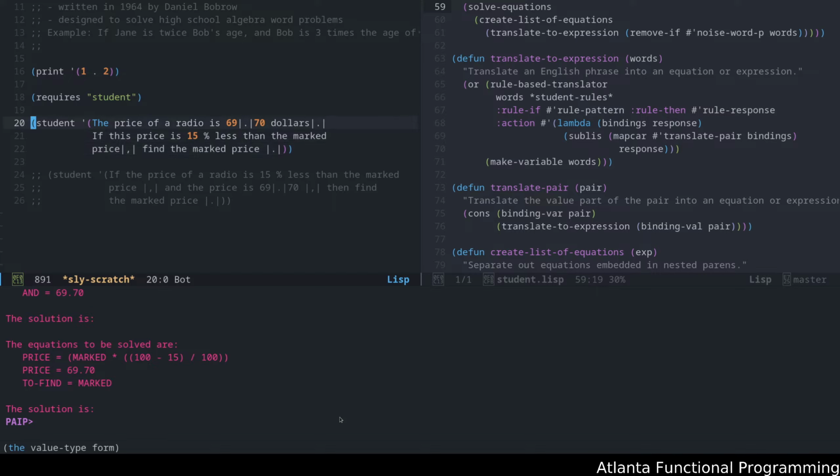And let's go back to the original wording of the problem. What we'll do is use our REPL to allow us to do step-by-step debugging. Ideally, you could also use a stepper from SBCL, but I like to see intermediate results, so I don't always set great breakpoints here.